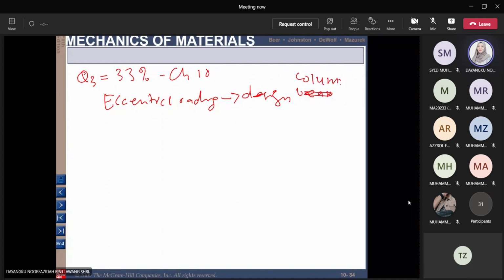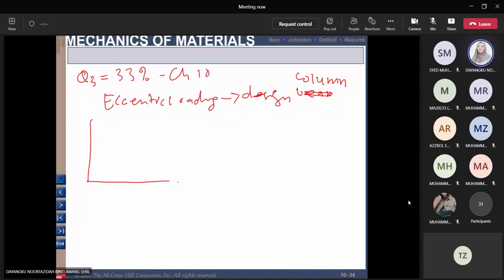Basically, this is the last question. You need to determine the value of your critical stresses. You will be given an eccentric loading, and you need to do the designing of the column, starting from the selection of your CC.